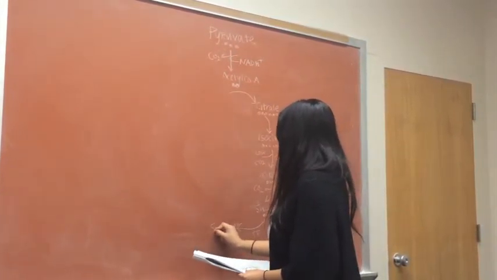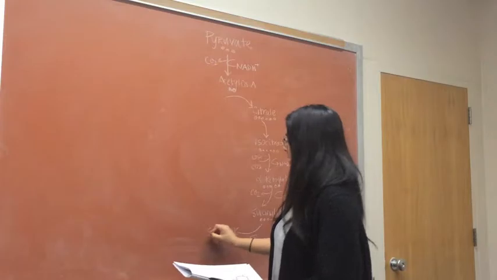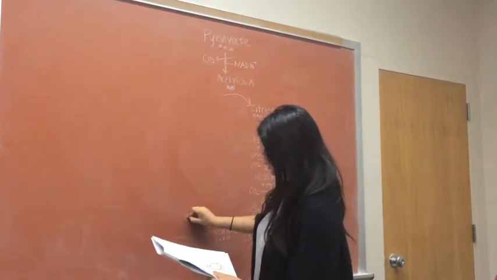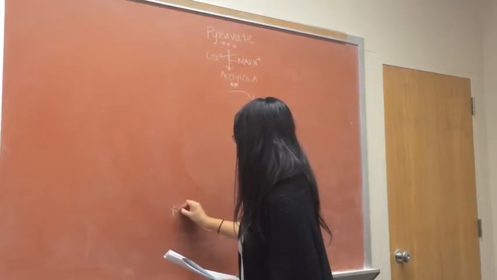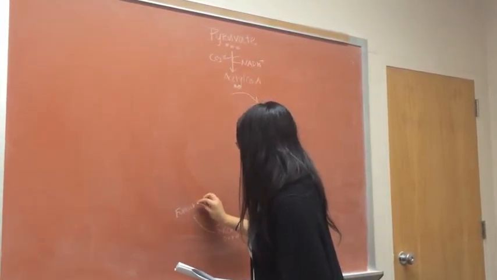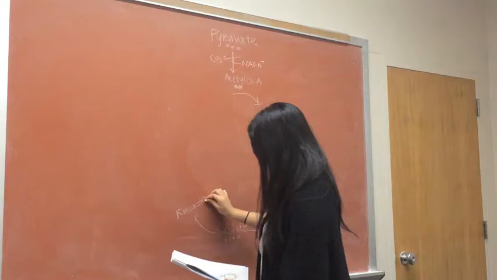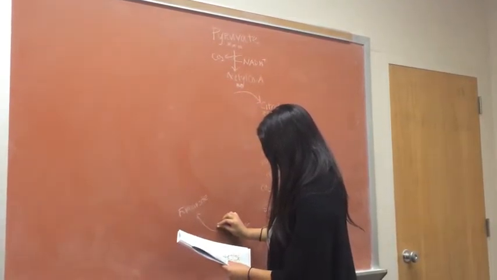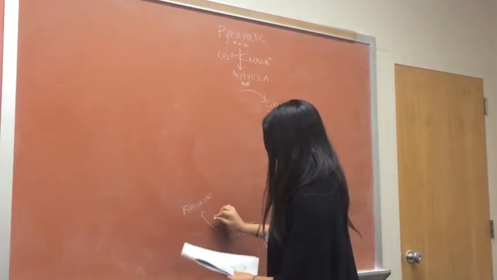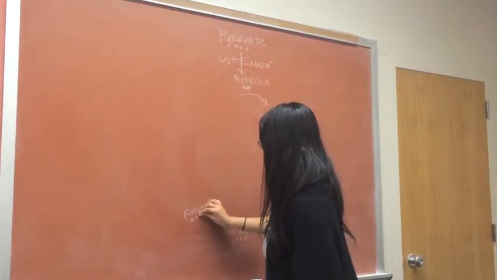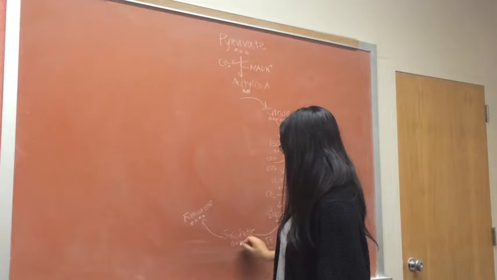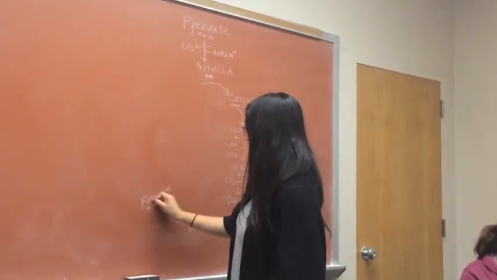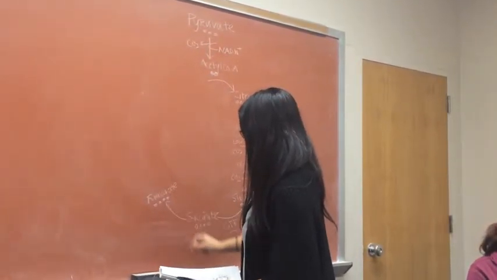Succinate then goes on to become fumarate, which has 4 carbons. So there's no loss of carbons during the succinate to fumarate transition.